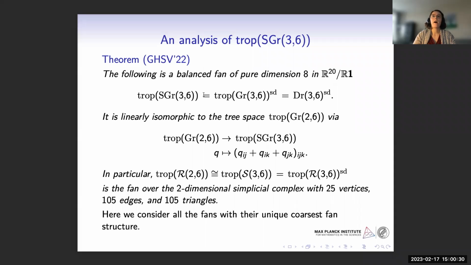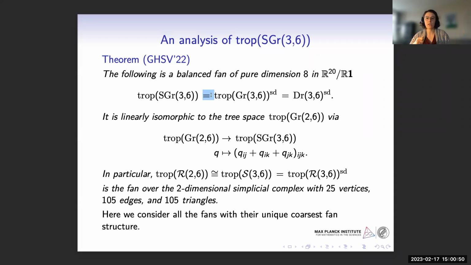That this last equation holds is not really surprising, because we know the tropical Grassmannian and the Dressian for (3,6) are the same. But up here, this is answering one of the questions that we asked before, right?